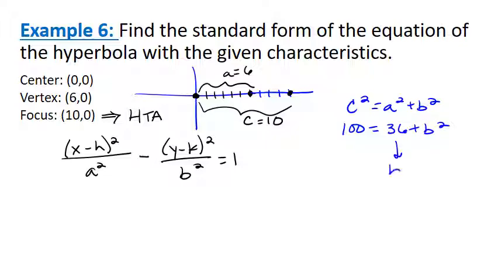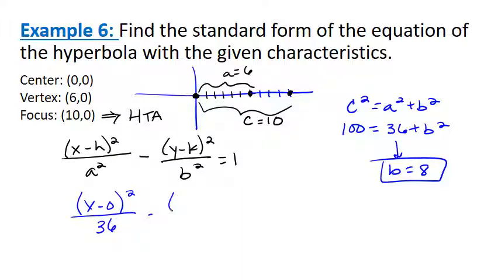Solving this, I find that b is 8. All right, I have what I need for my equation. (x minus 0) squared over 36 minus (y minus 0) squared over 64 is equal to 1. You can go ahead and get rid of those zeros if you'd like. It's up to you.